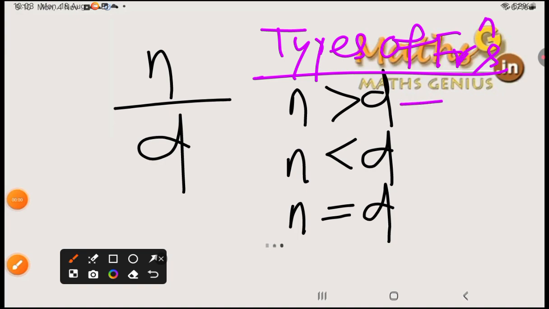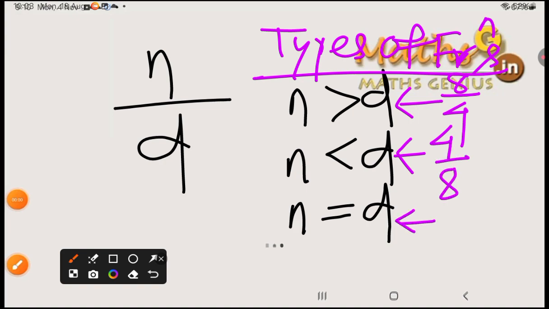The first type, if the numerator is greater than the denominator, let's say 8 by 4. In the second case, the numerator is lesser than the denominator, 4 by 8. In the third case, the numerator is equal to the denominator, 4 by 4.